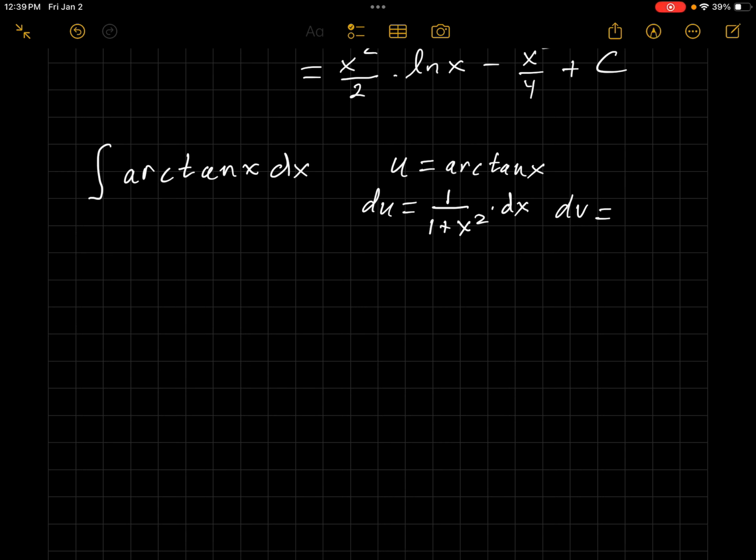And what does dv equal? Well, dv is what's left over, which is dx, because I already used everything else, which means v has to be x. And then the integral of u dv, I like to write it over and over, it just gets into your long-term memory better, I hope.